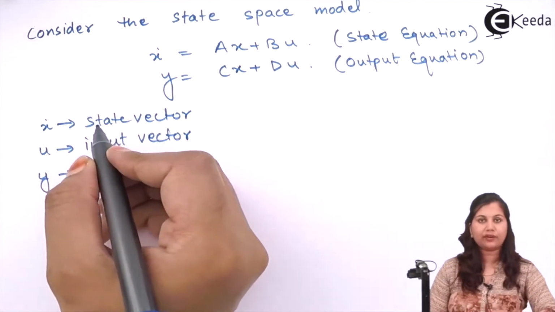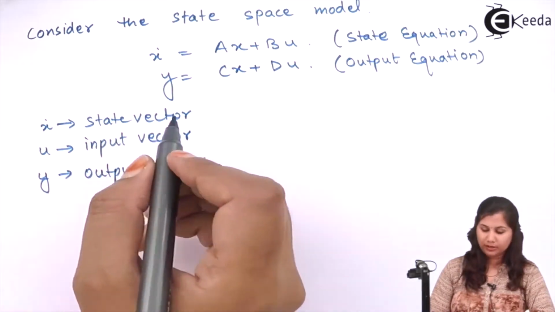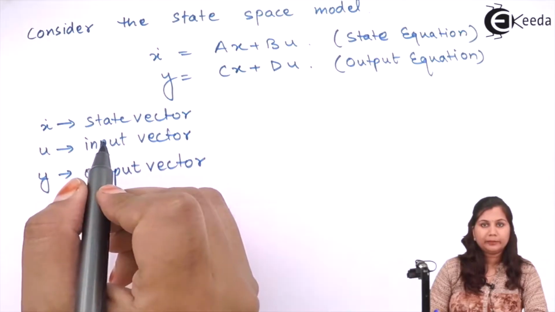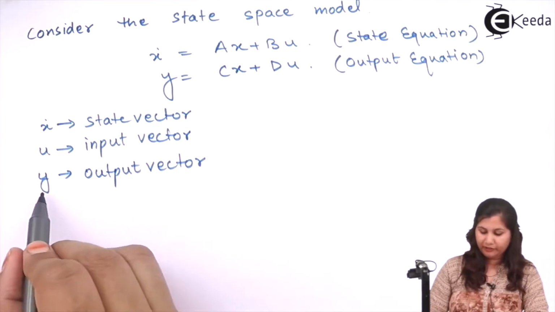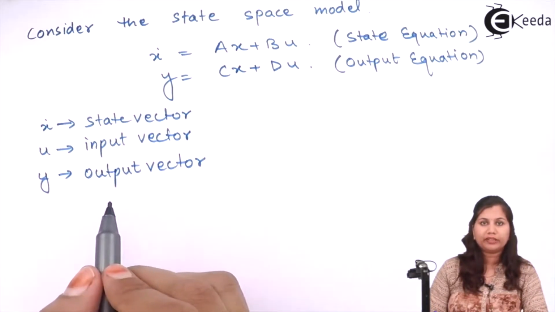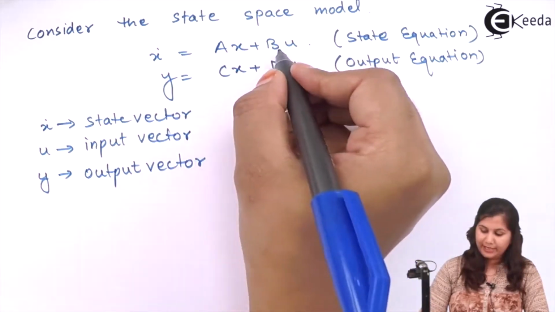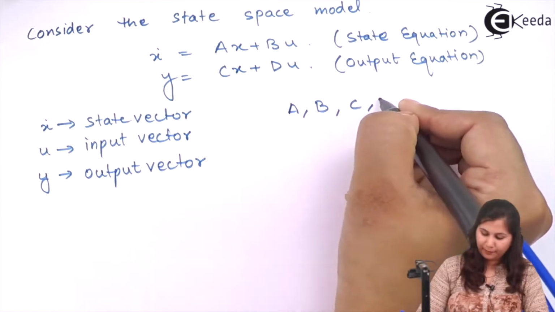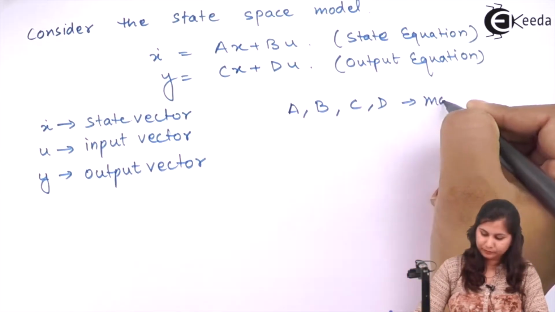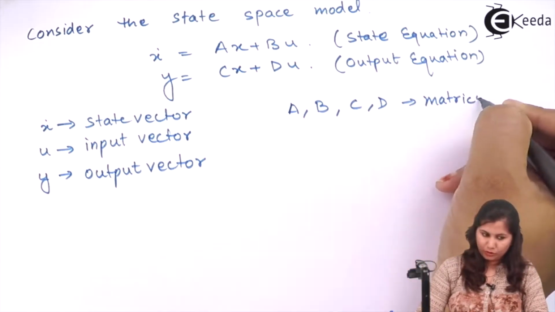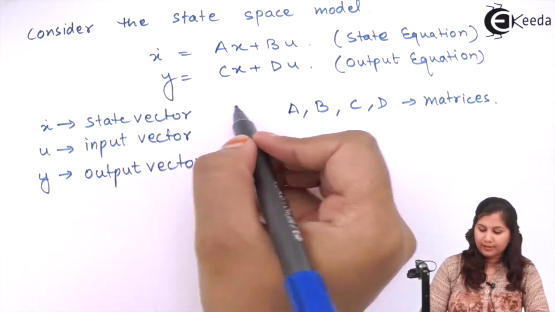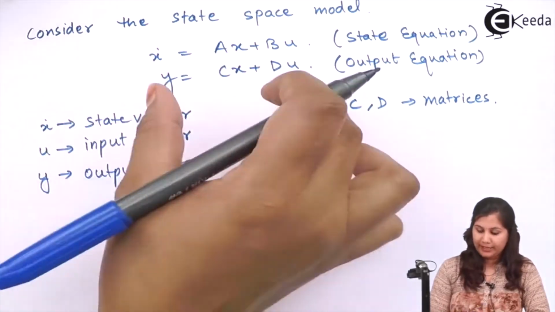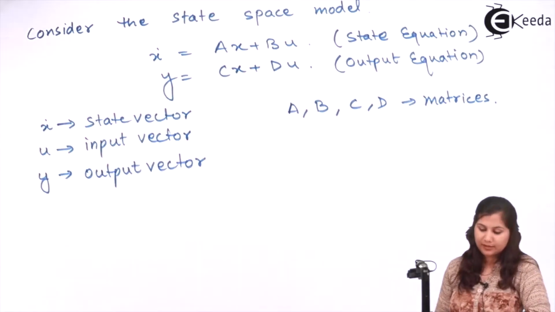The state vector defines all the states of the system, and the input vector defines all the inputs of the system. The output vector Y defines all the output variables of the system. A, B, C, D are the matrices. So this is a system which is defined in the state space form. It is the state space model of the system.